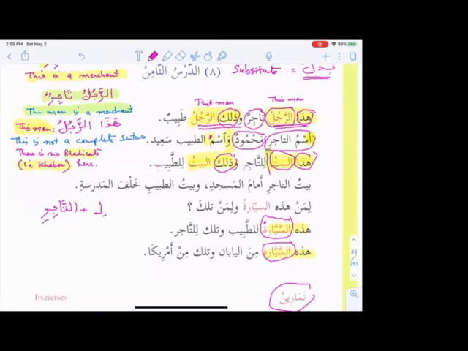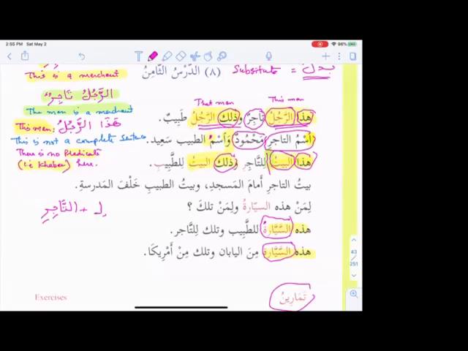Who made tajiri majroor? Harf jar. Whenever there is a harf jar, the ism that follows will become majroor. I always say harf jar, your answer will be ism majroor. Harf jar, ism majroor. Practice so that you never forget this, inshallah.